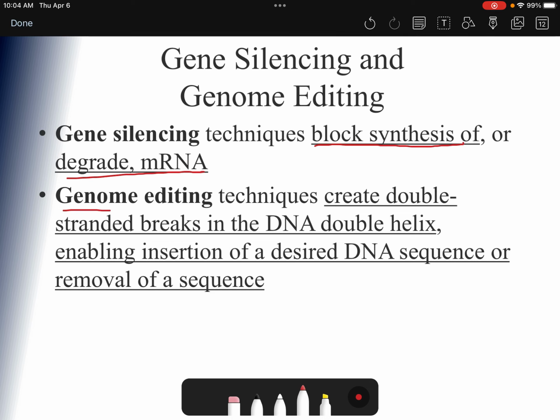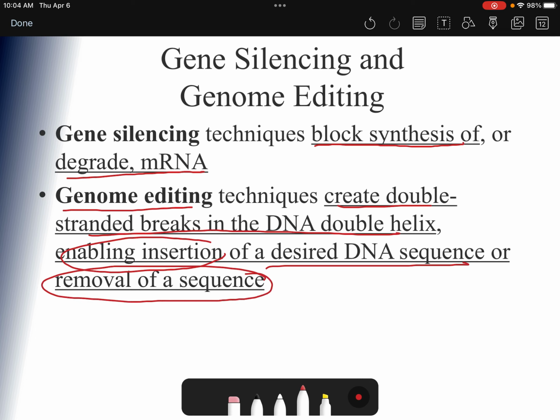Genome editing allows you to create little double-stranded breaks in the DNA double helix, and then you can insert a desired DNA sequence or remove a particular sequence that you don't want in there.